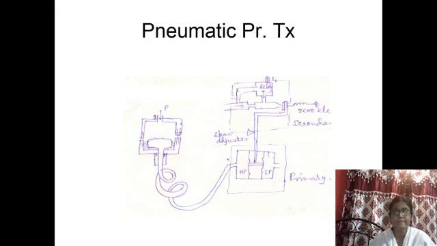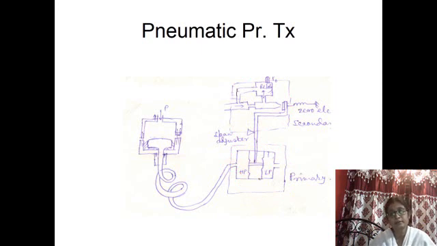The DP cell is the differential pressure transmitter, where there is a high pressure side and a low pressure side. This is called the primary unit of the transmitter, and the secondary unit is the flapper nozzle and relay system.